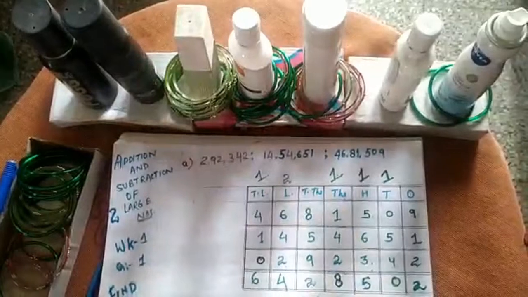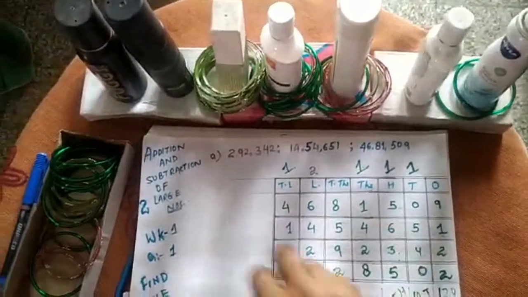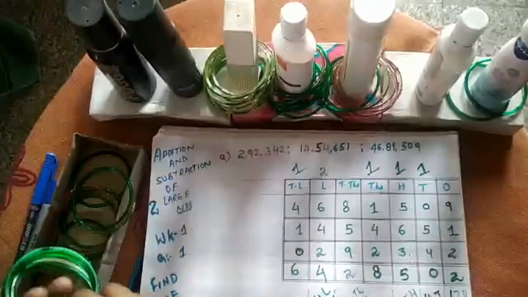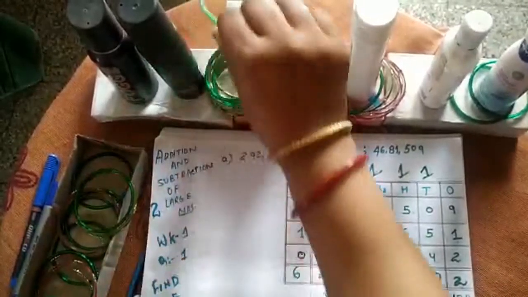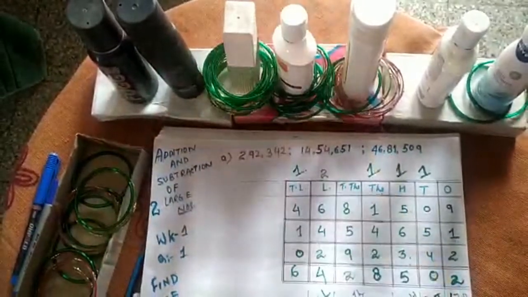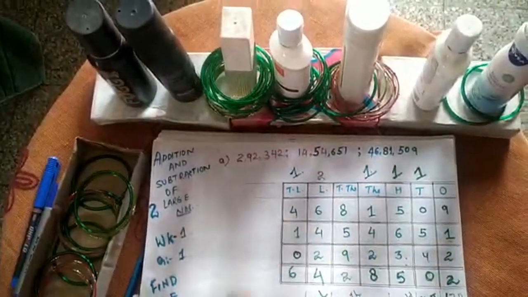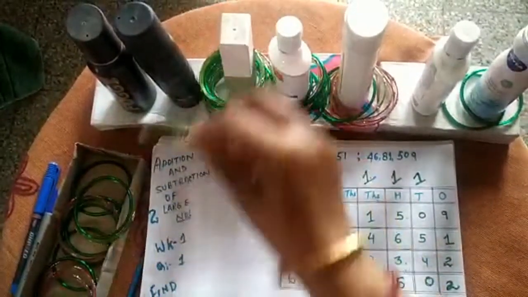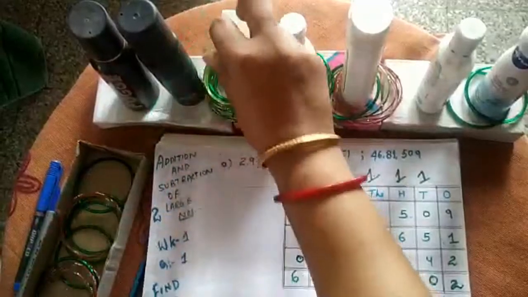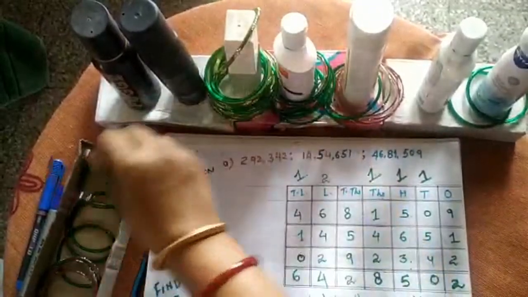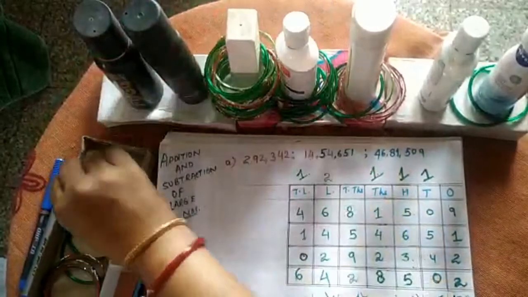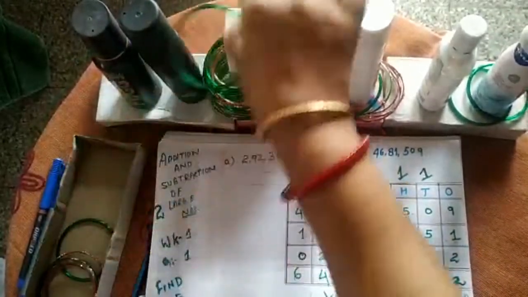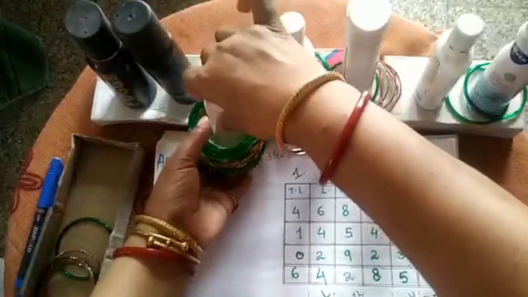Then after that, 5 ten-thousands: 1, 2, 3, 4, 5. Now adding 9 ten-thousands: 1, 2, 3, 4, 5, 6, 7, 8, 9. Adding the 10,000s together.